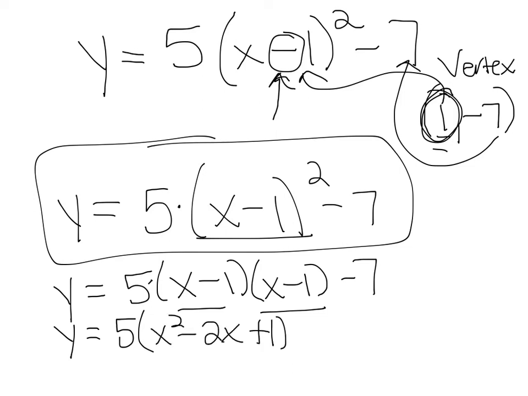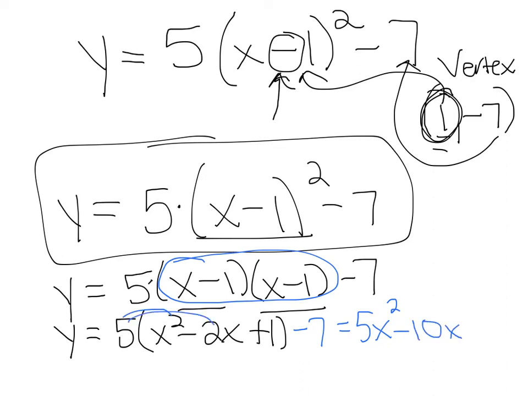I FOILed out x minus 1 and x minus 1. And if I subtract 7 on the end, I get 5x squared minus 10x. I'm distributing the 5 here. And if I distribute the 5 to the 1, I get a positive 5, and a positive 5 minus 7 is going to give me a negative 2 at the end.